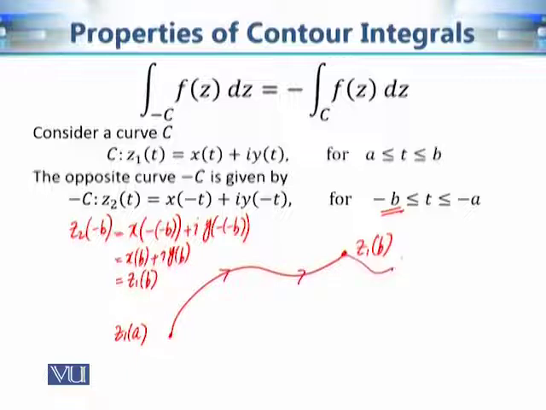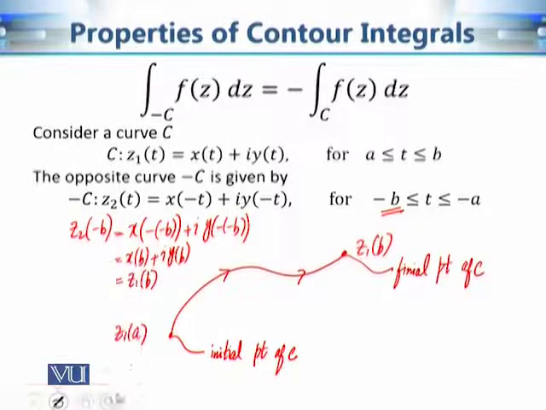So this is the final point of C, and this is the initial point of C. The initial point of z2 is when we take t equal to minus b, and this is z1 of b, which is the final point of z1. So basically this is the initial point of z2 of t.